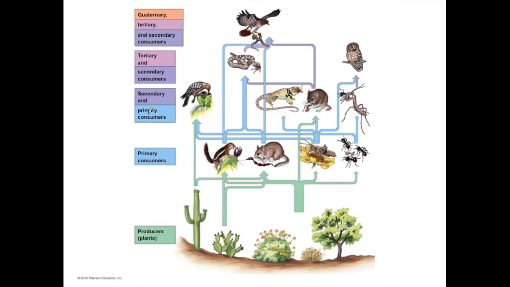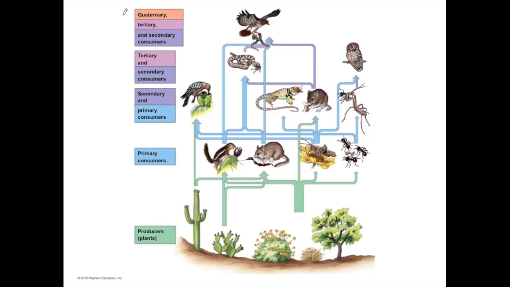So here, for example, you have a bird which can eat both plant material and some insects. Or you have tertiary consumers that can also act as secondary consumers, and quaternary consumers that can act as tertiary and secondary consumers as well.